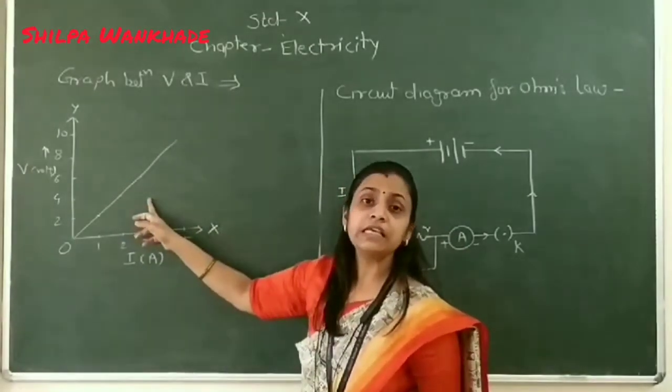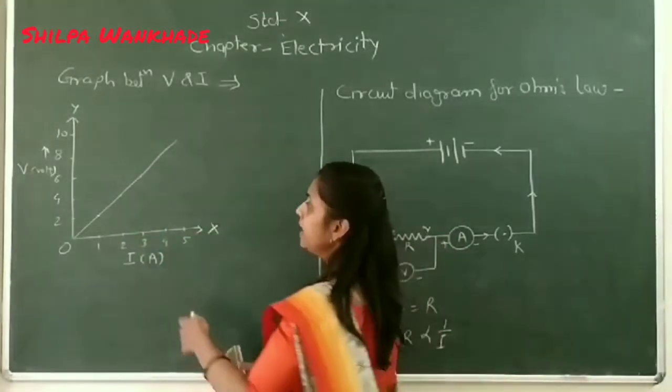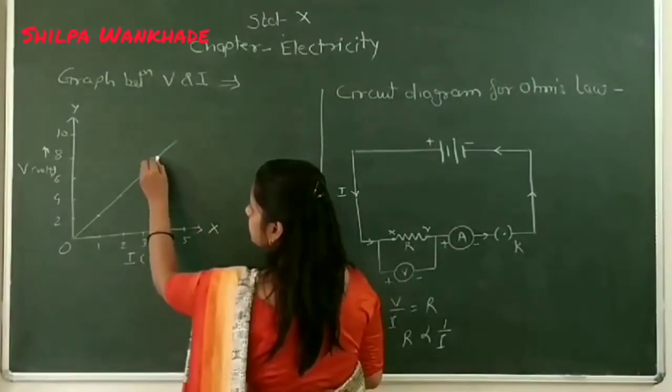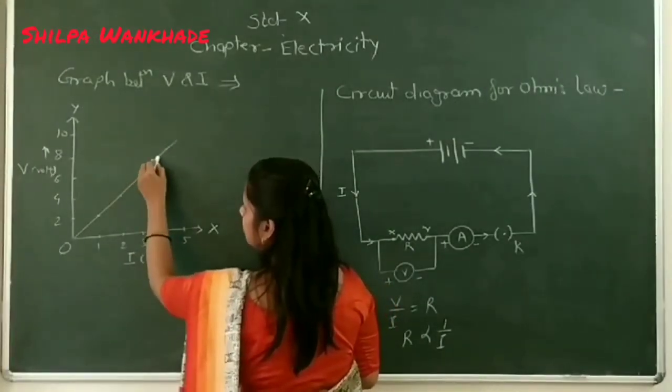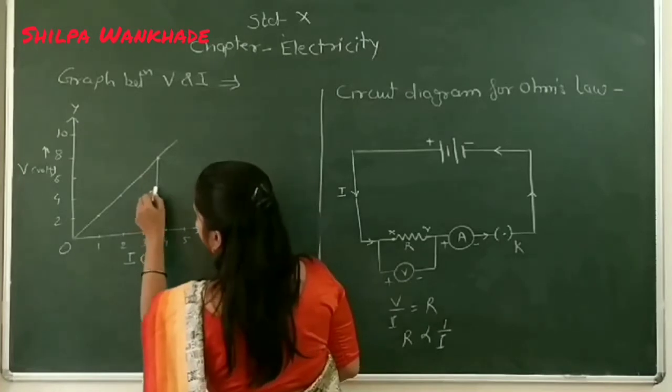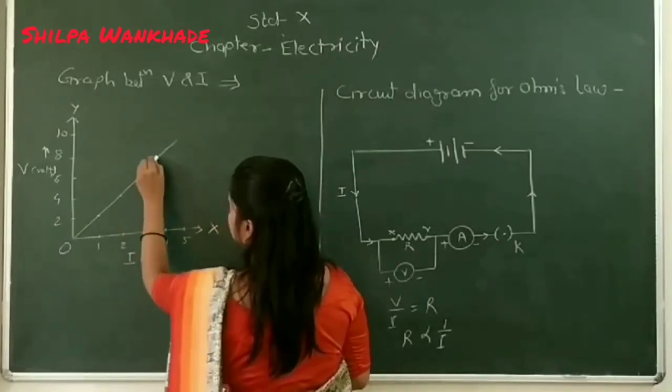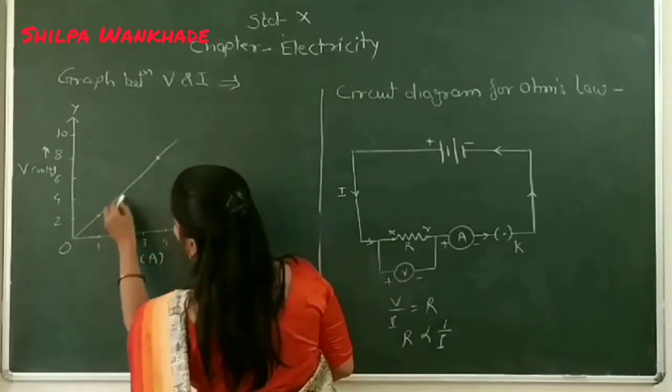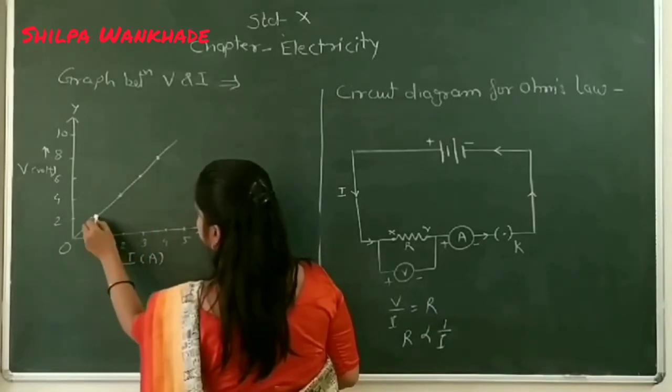That is called a linear graph. And how do we find the slope?